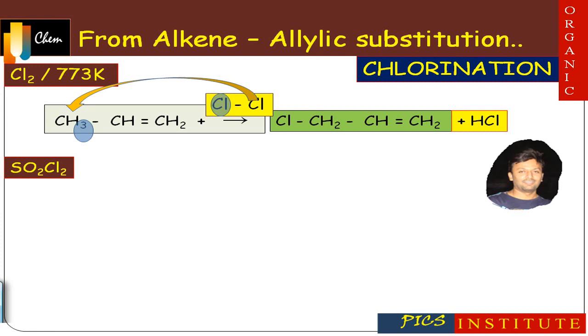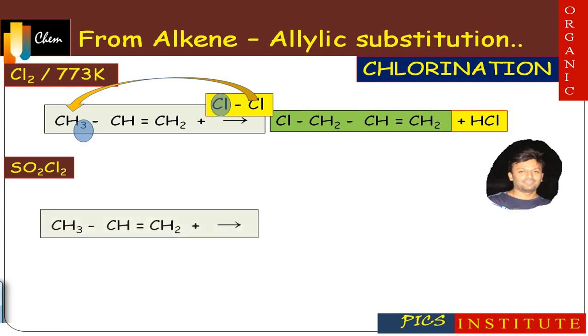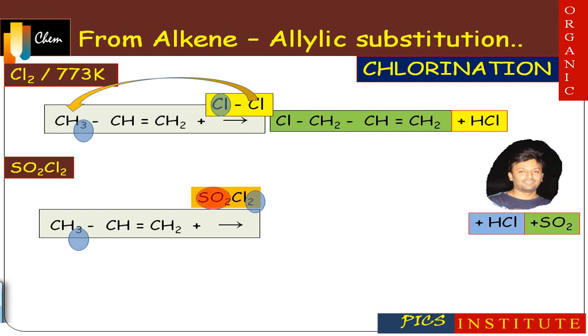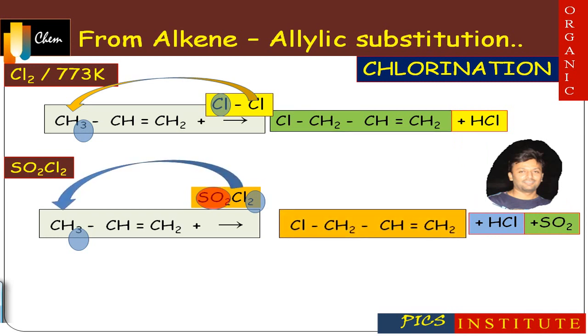SO2Cl2, that is sulfuryl chloride. Reaction takes place as allylic hydrogen and chlorine separates as HCl, SO2 separates as sulfur dioxide, and remaining chlorine occupies the position of allylic hydrogen.